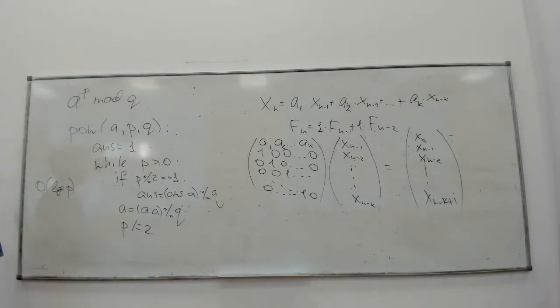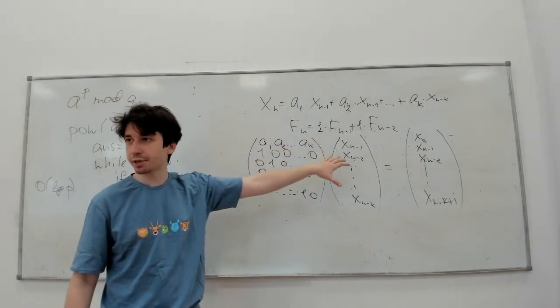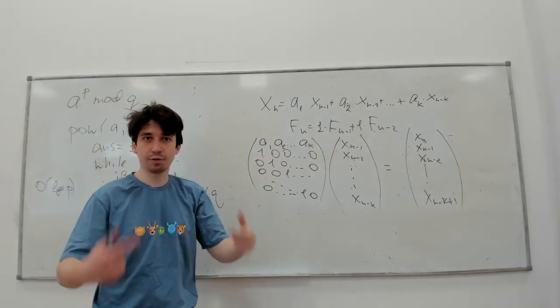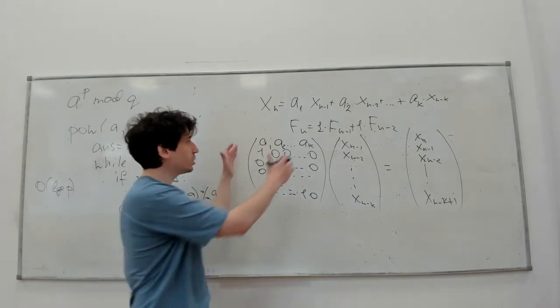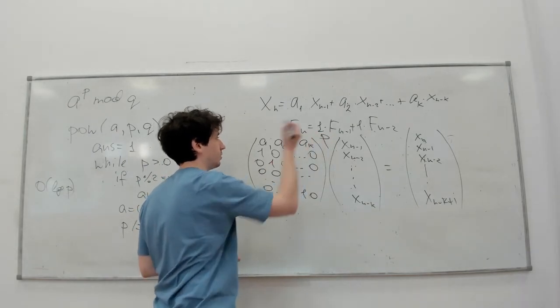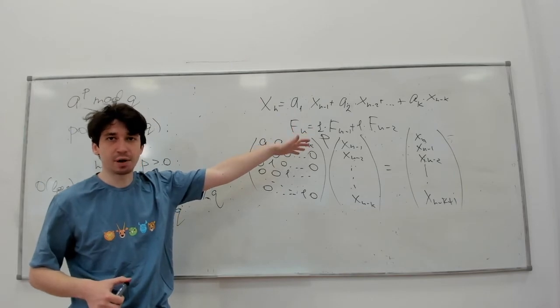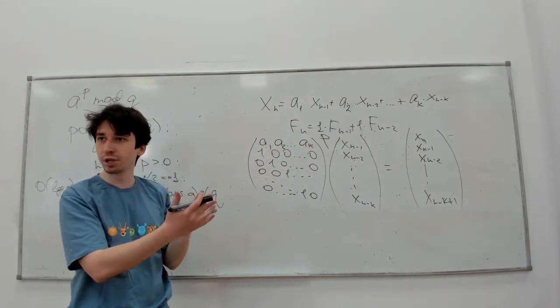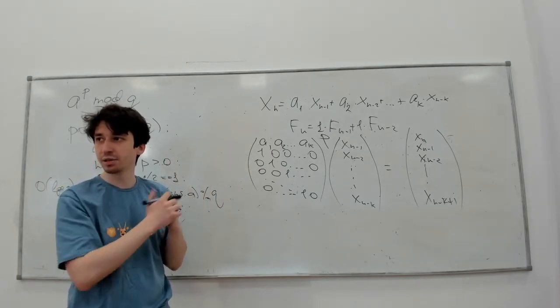Okay, then how can we create a very, very distant element from here? You can see that you have the special matrix that multiplying the vector can give you the next step of the recurrence. So the idea is that we can just take this matrix in the necessary power, of course. Like how many times you should apply this matrix to get the desired number.